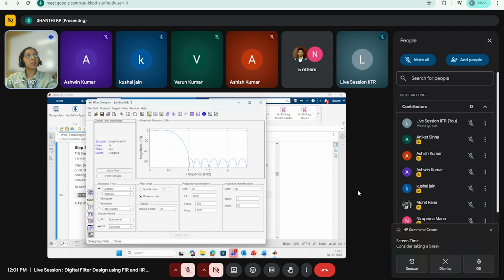Once you click on design filter, immediately on the upper panel, you will see the magnitude response of your designed filter.